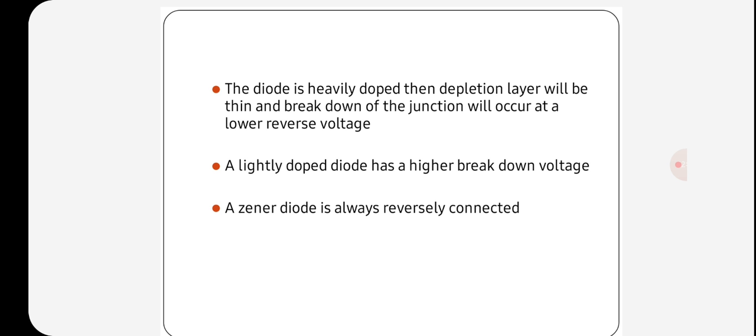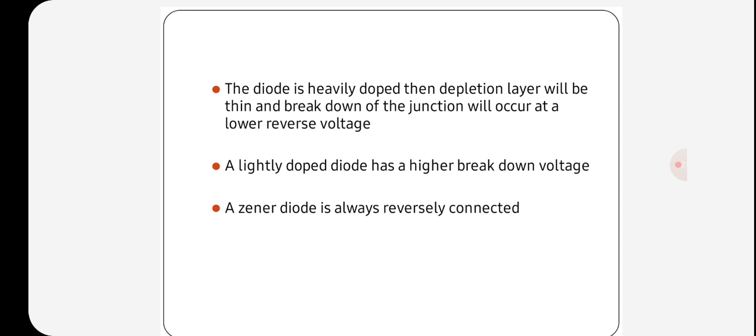Because of this sudden rise in electric current, breakdown occurs called Zener breakdown. However, Zener diode exhibits a controlled breakdown that does not damage the device. The Zener breakdown voltage of the Zener diode depends on the amount of doping applied.